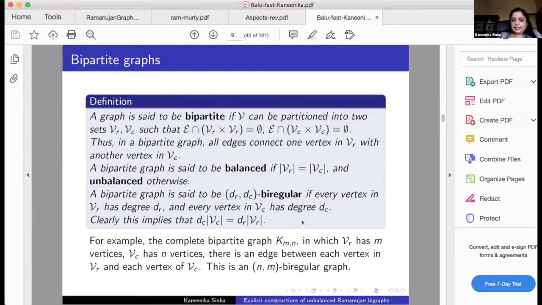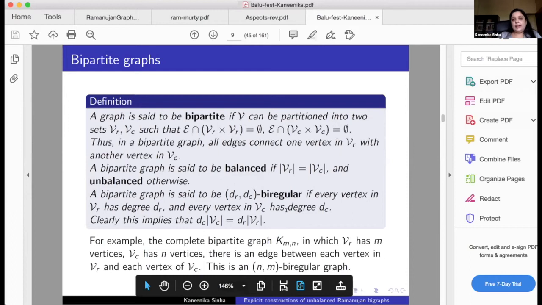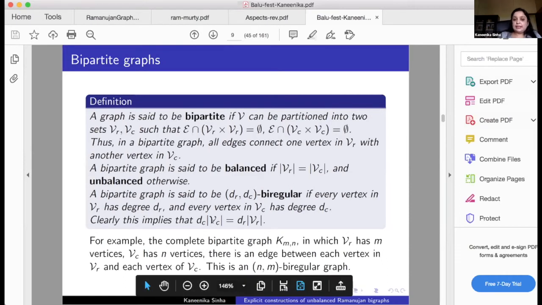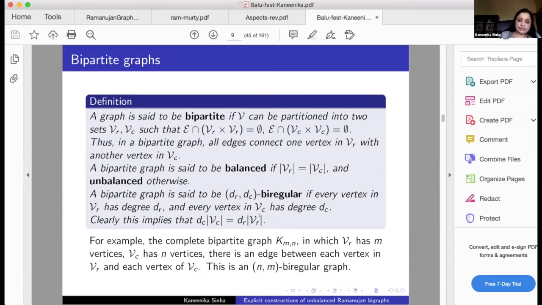Now, obviously, if you count all the edges as either coming out from the vertices in V_R or coming out from the vertices in V_C, it immediately tells you that d_C times the cardinality of V_C is equal to d_R times the cardinality of V_R.